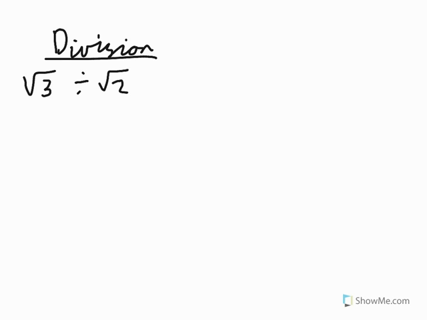Alright, the last thing we're going to look at here is division. And division of surds, we need to write in the form of a fraction. So if we're having root 3 divided by root 2, for example, we need to write it as root 3 over root 2.